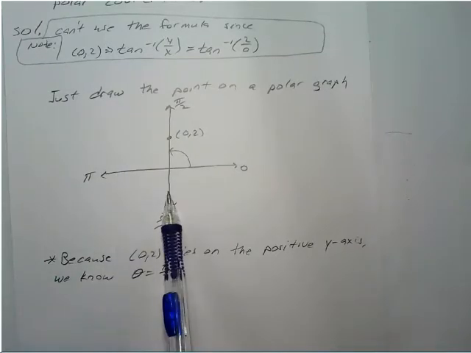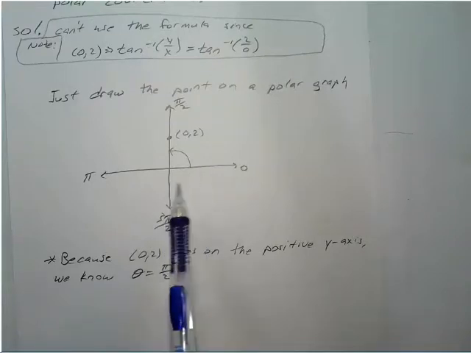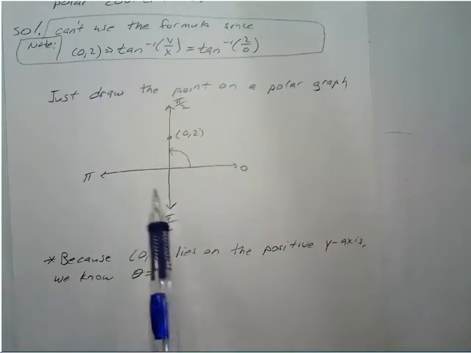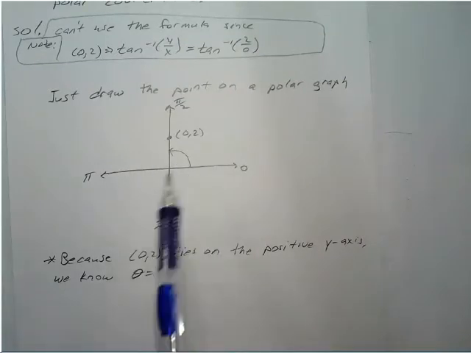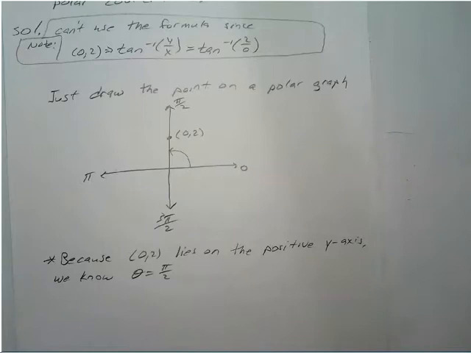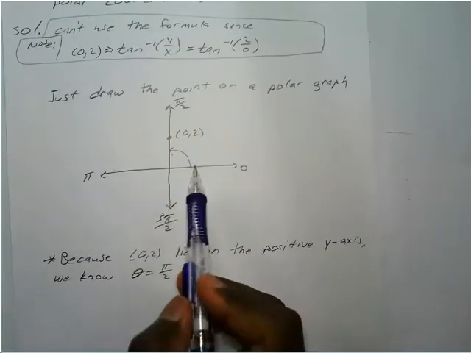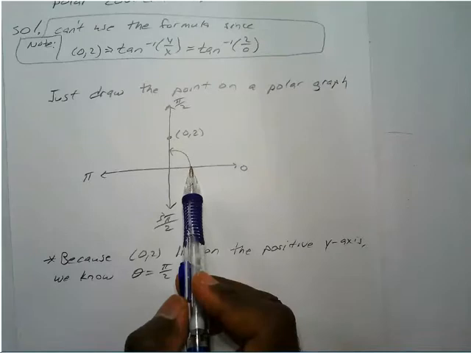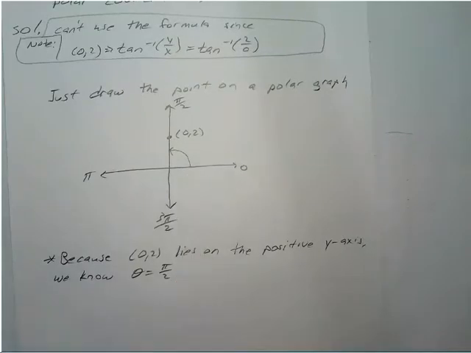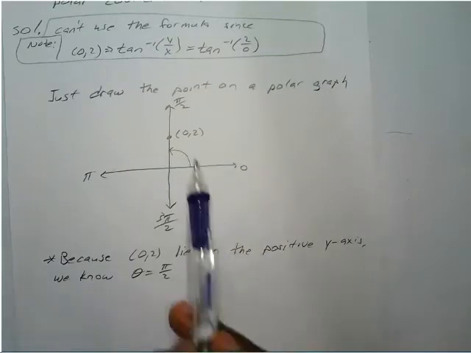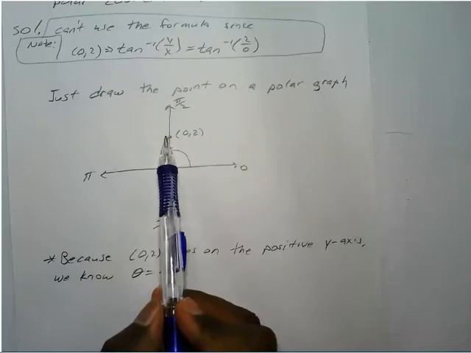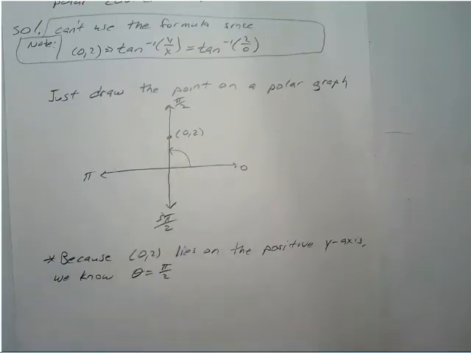If our point was right here, then our theta would be 3 pi over 2 or negative pi over 2. So it all depends on which quadrant line, or between quadrant line, these fall on. If your point was here, then your theta would be equal to 0. But it just so happens to be on the positive y-axis, so our theta is pi over 2.